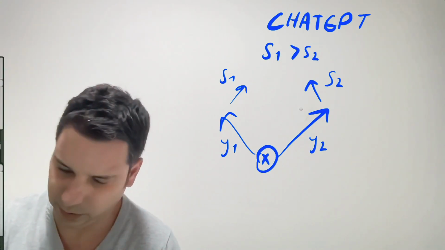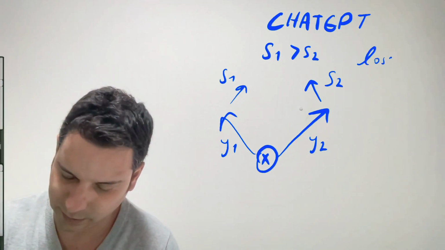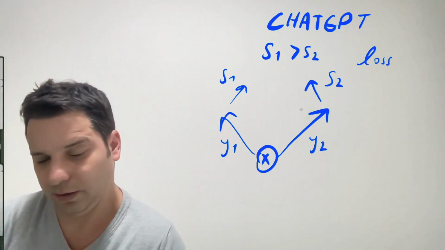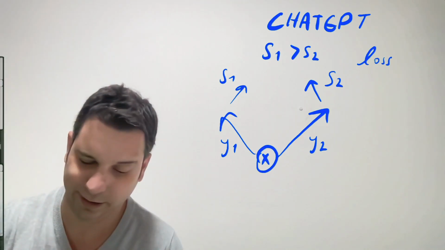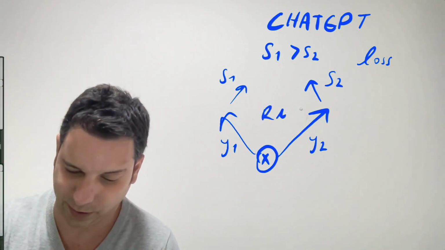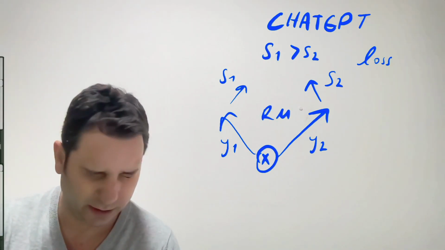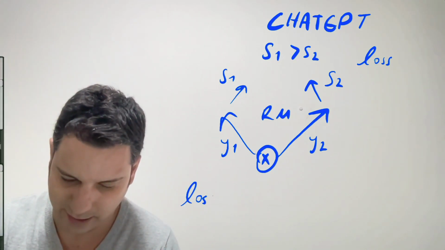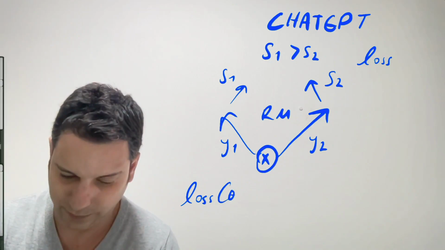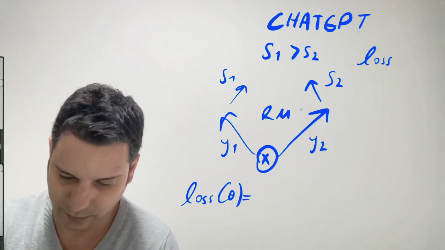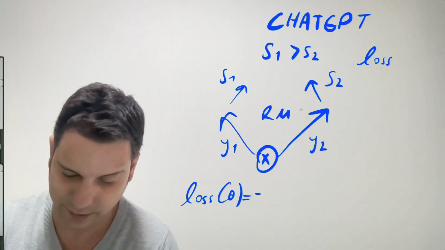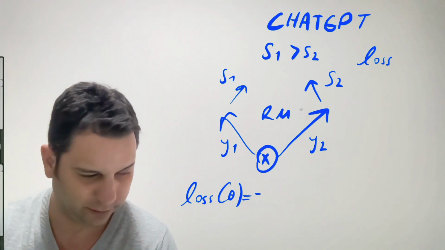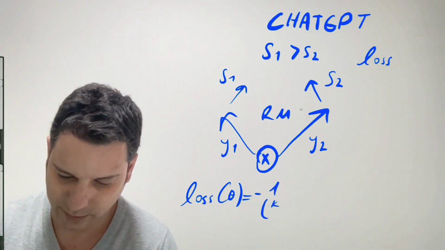And this way we can create a loss function, and using that loss function, using gradient descent, we can make the reward model better. The loss function basically looks something like that. Let me write it quickly. We put a minus because we want to make it a loss function.